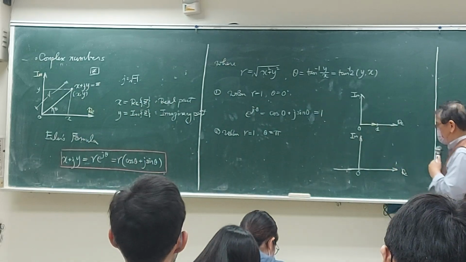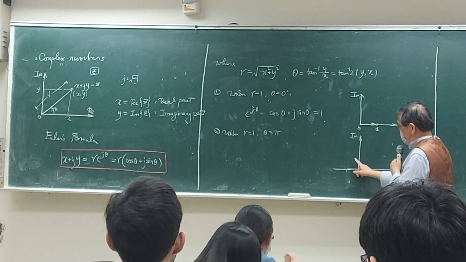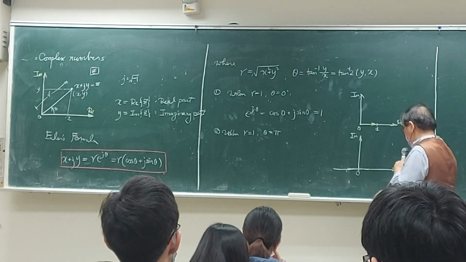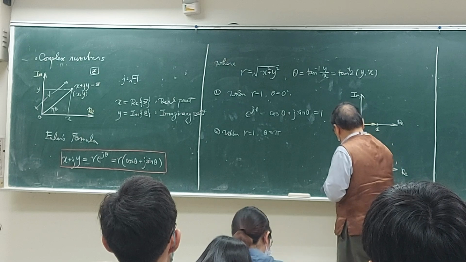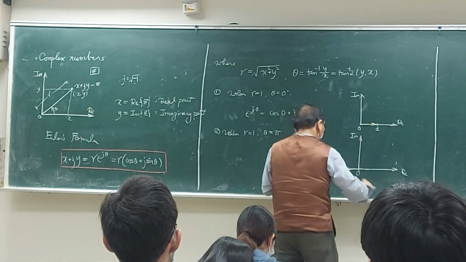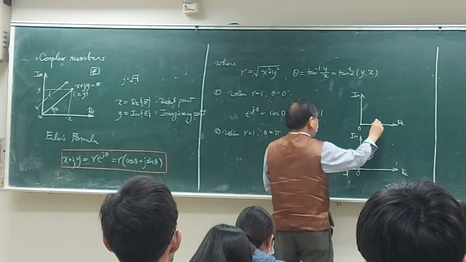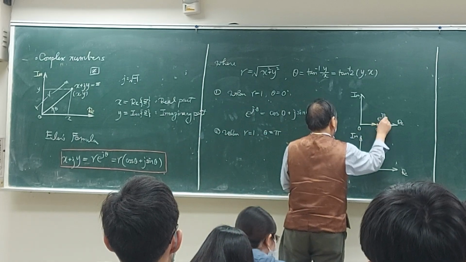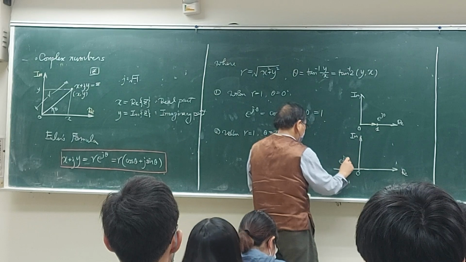Where is the complex number? 0 degree, 90 degree, 180 degree, pi, right? So it's here. This is negative. So this is e to the 0, and this is e to the j times pi.